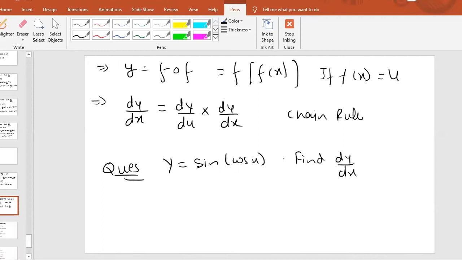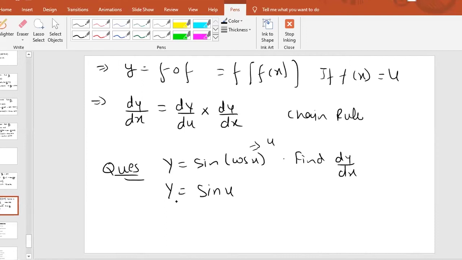According to the chain rule, the function of x, f(x), we have to assume as u. So we assume this cos x as u. Now you can write this as y equal to sine of u.